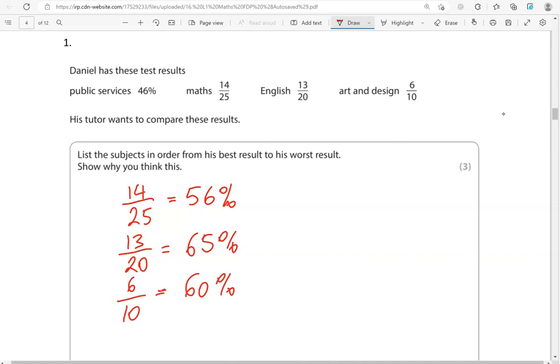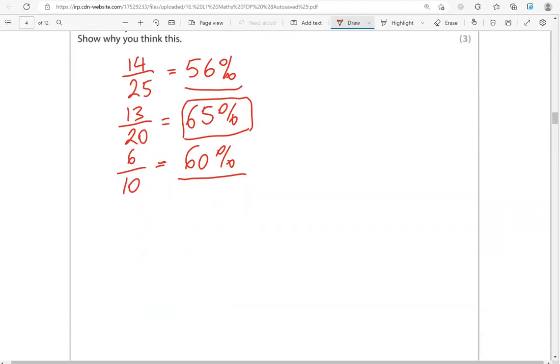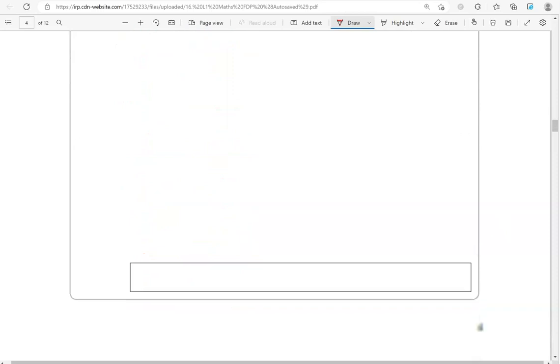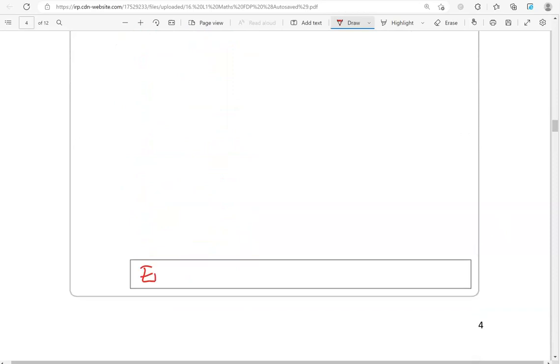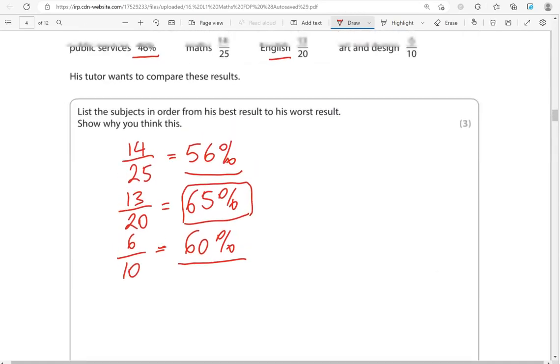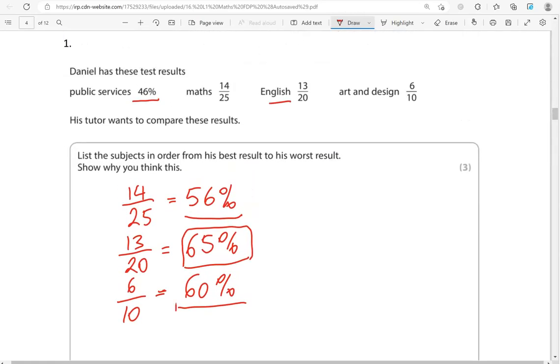So we're comparing now 46%, 56%, 65%, and 60%. Which one is the highest? The highest is 65%, which is for English. So English will come first. Then we've got 60% here for art and design.